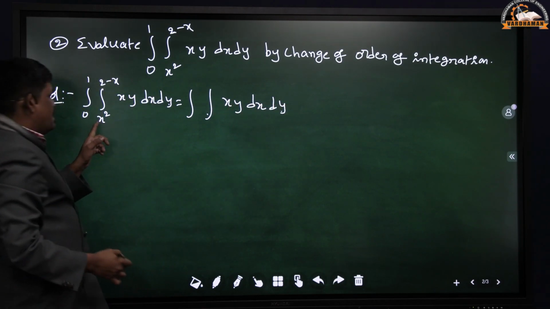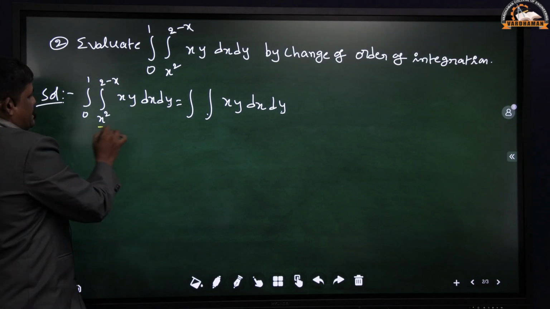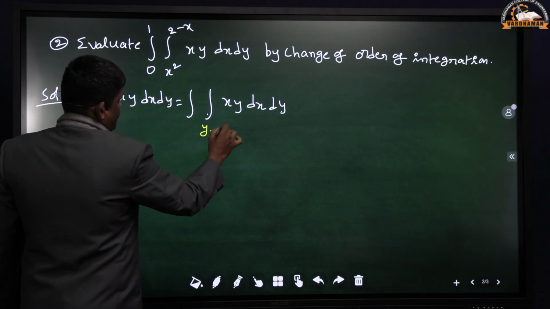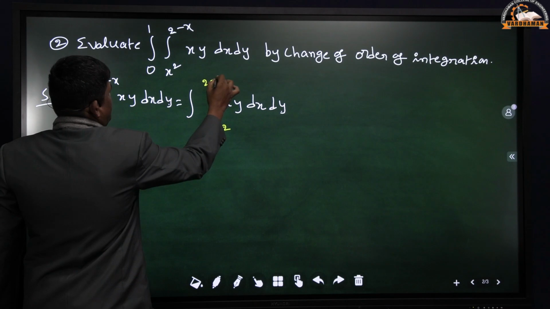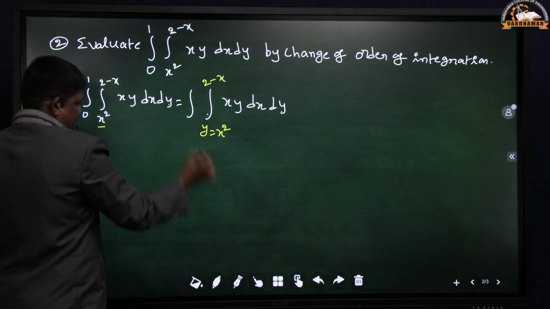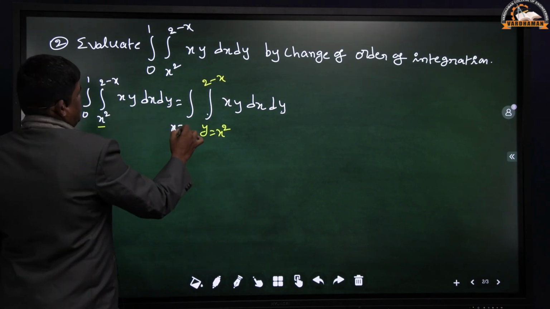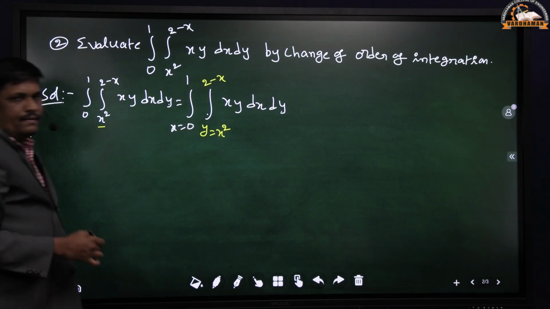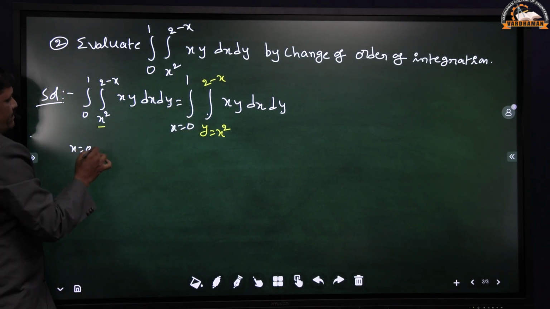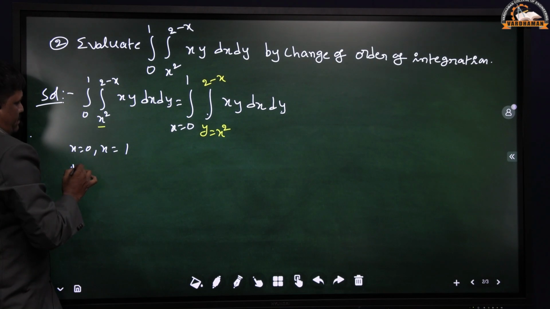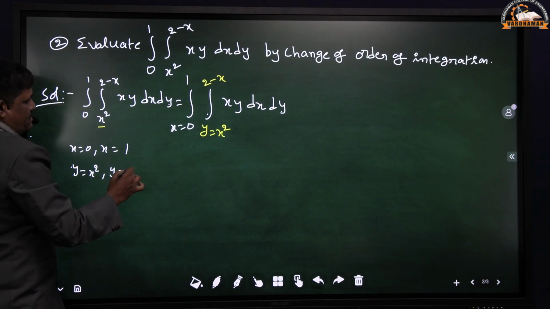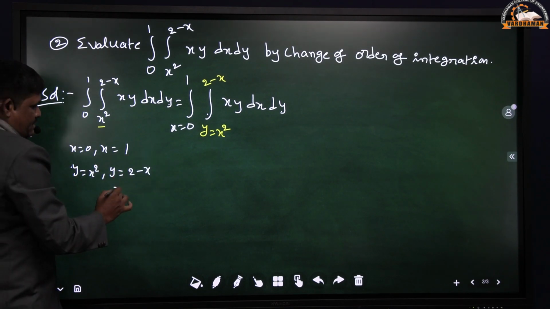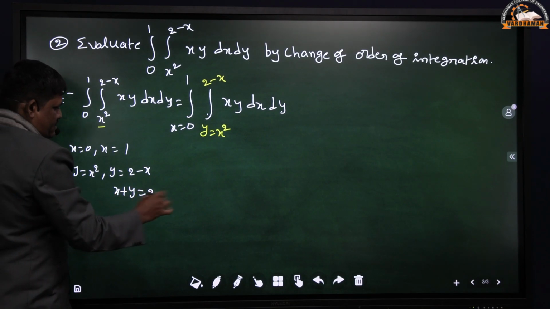These are the limits. Here x is available, so y goes from x square to 2 minus x, and the rest, x, goes from 0 to 1. Okay, x is 0 and x is 1, and y is x square, and y is equal to 2 minus x. Simplifying this, x plus y is equal to 2.